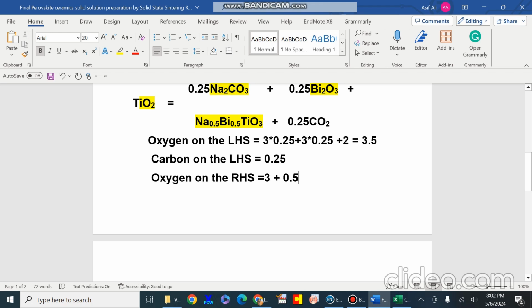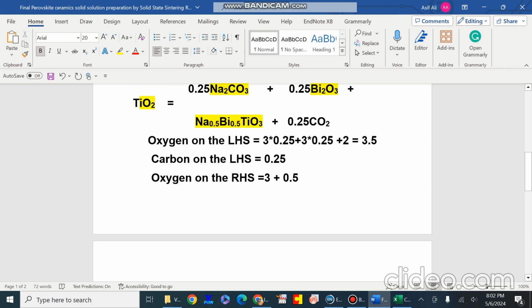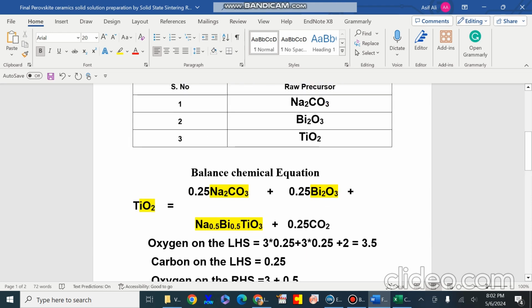So we need 4.5 oxygen on the left side of the equation as well. If we count the oxygen atoms on the left side, we have 3 multiplied by 0.25, plus 3 multiplied by 0.25, plus 2 from these. So as a whole we have 3.5, and on the right side we also have 3.5. So this is the balanced chemical equation.